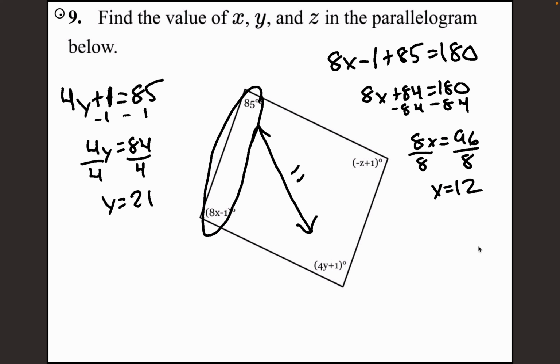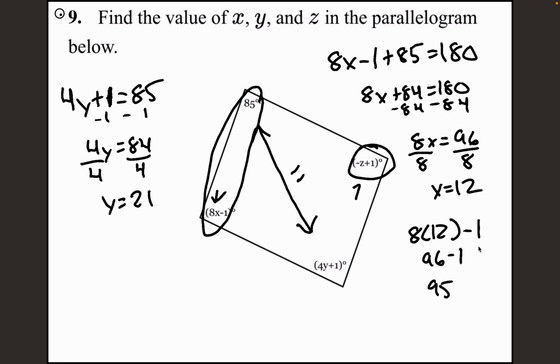Now, I need to find z still. So what do I know? How can I figure out what this angle equals? Yeah. If I plug in my x here, 8 times 12 is what? 96 minus 1.